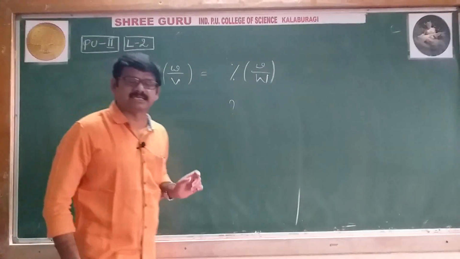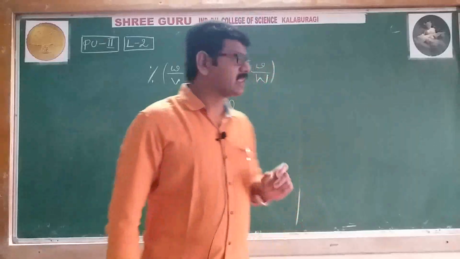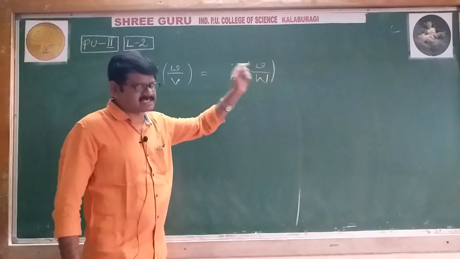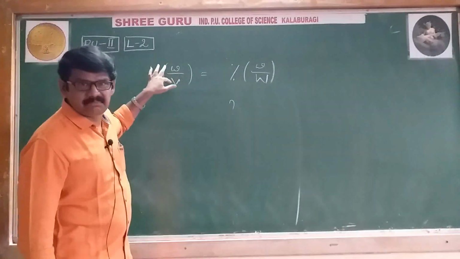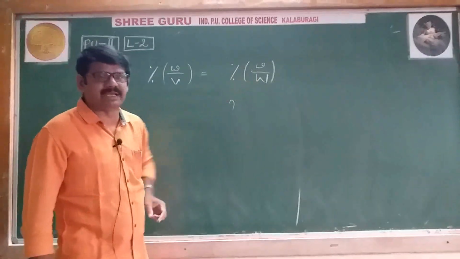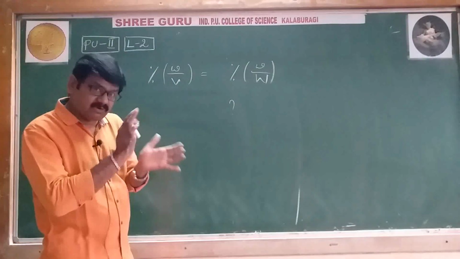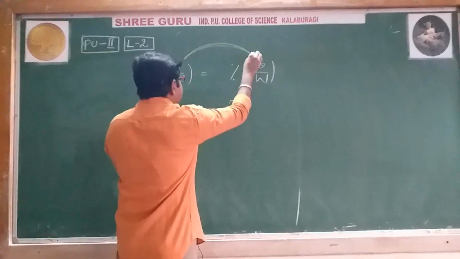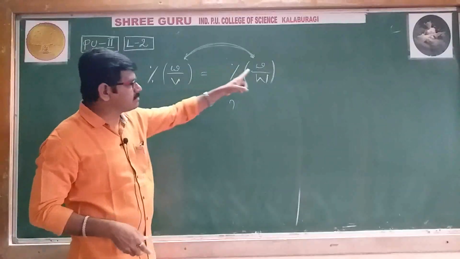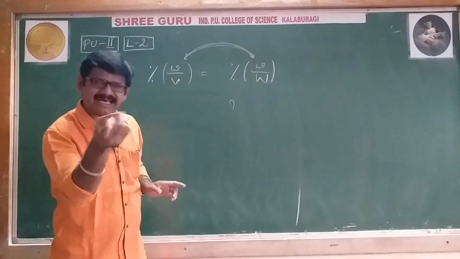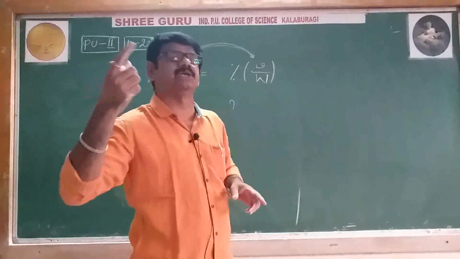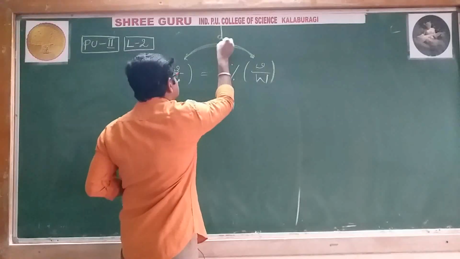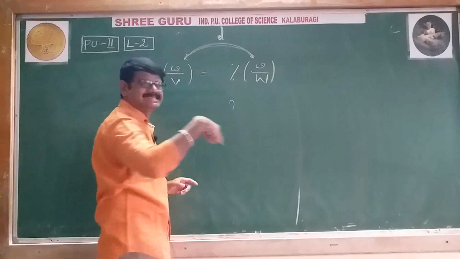One important point to remember: in one term the volume is there, in the other the volume is not there, only mass is there. That means one is a temperature dependent term and one is a temperature independent term. While converting between temperature dependent and temperature independent terms, one place volume is there, another place mass is there, so for this conversion we have to use the density term.